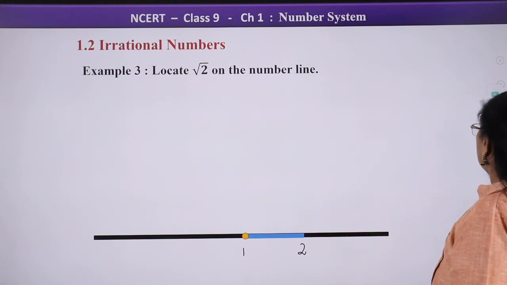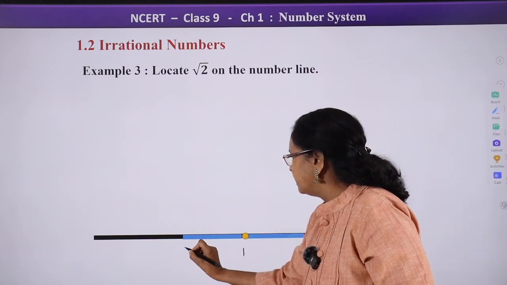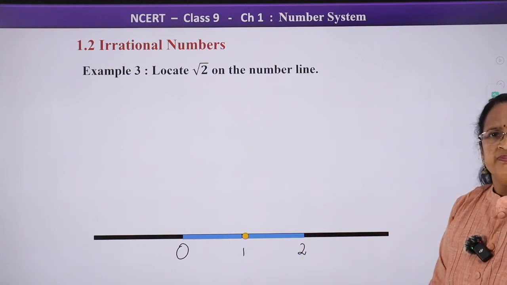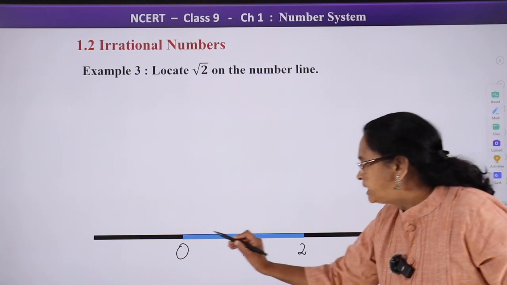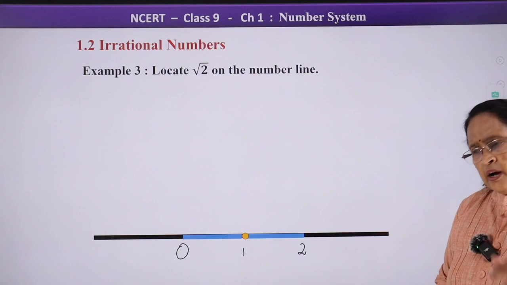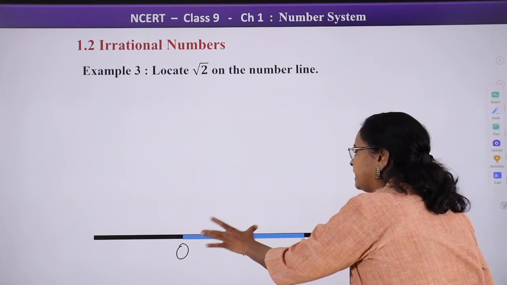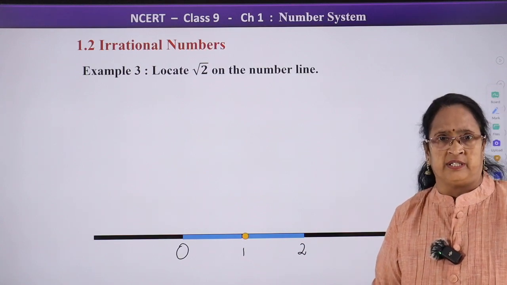Now, again I have taken a point 1 centimeter away, which is 0. So, I have taken 3 points: 0, 1, 2. Now, you may ask me, why did I take 1 centimeter distance? Why didn't I take 2 centimeter distance?